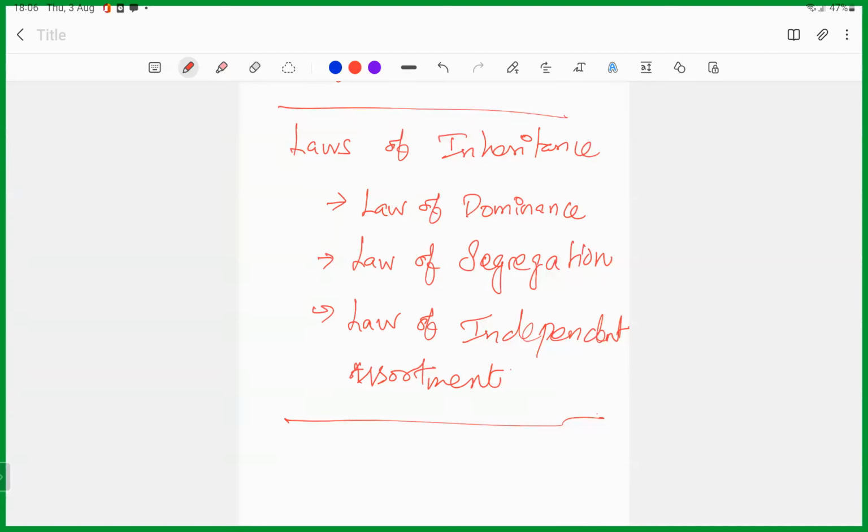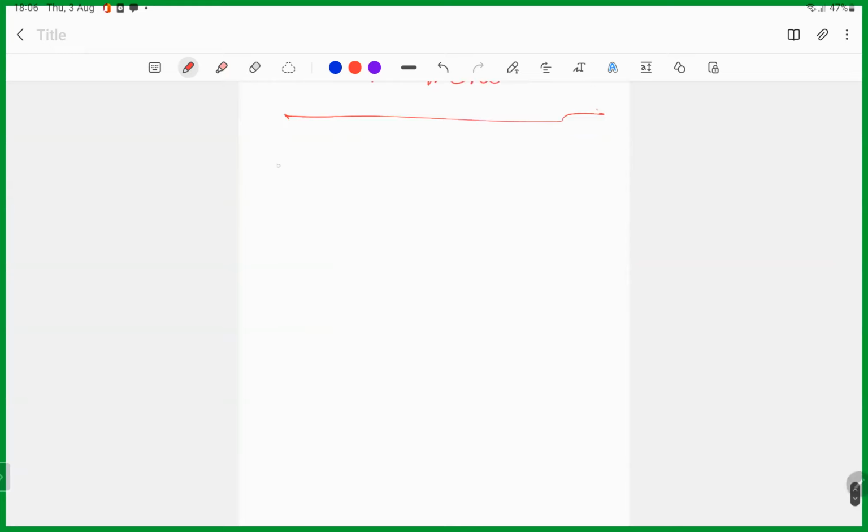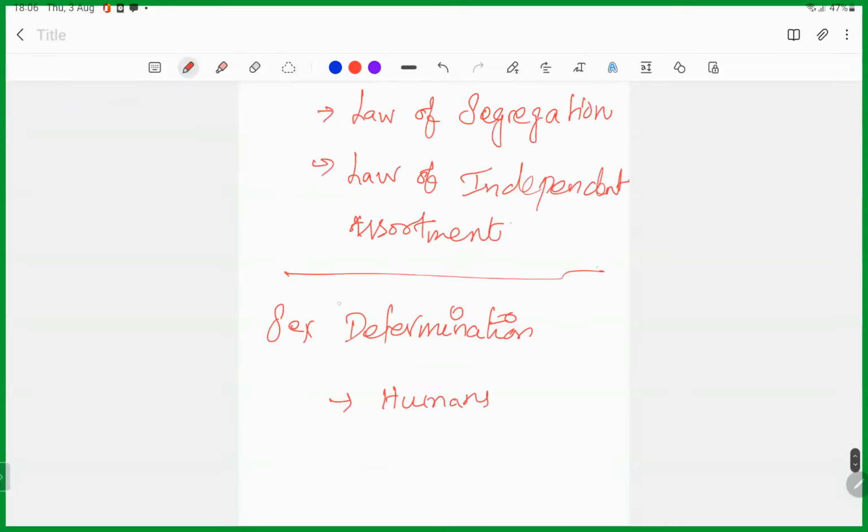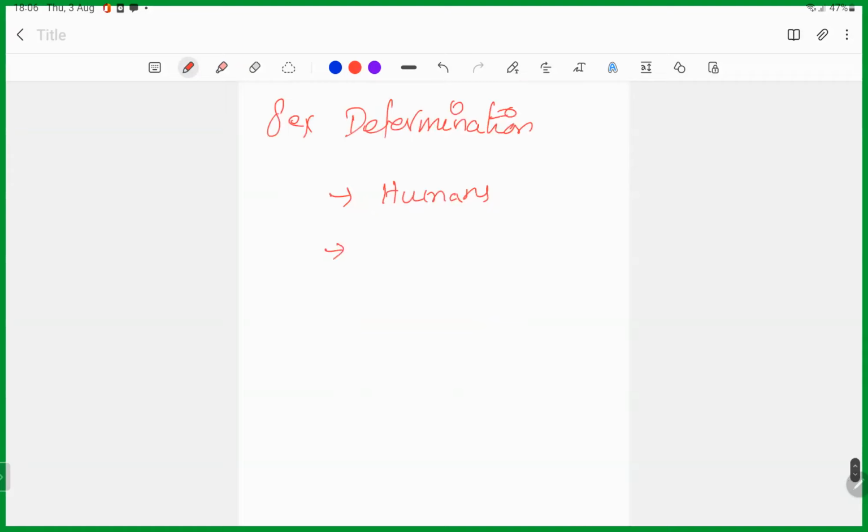And then sex determination. Apart from that, what should you know? Sex determination in your book: sex determination in humans, in Drosophila, in honeybees.